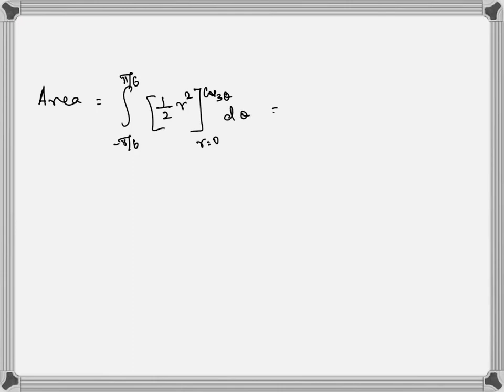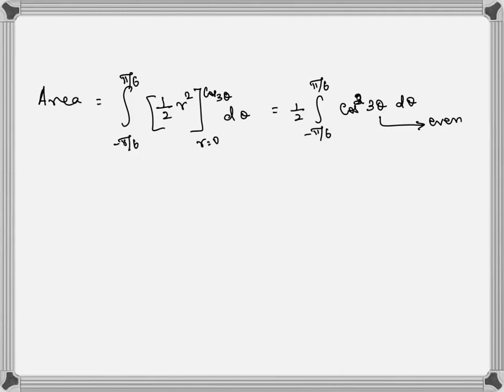We'll integrate the inner integral first and then the outer integral. Area is the integral from negative pi by 6 to pi by 6. If we integrate the inside one, it is half of r squared between r equals 0 and cosine of 3 theta, d theta, which is half of cosine squared of 3 theta d theta.